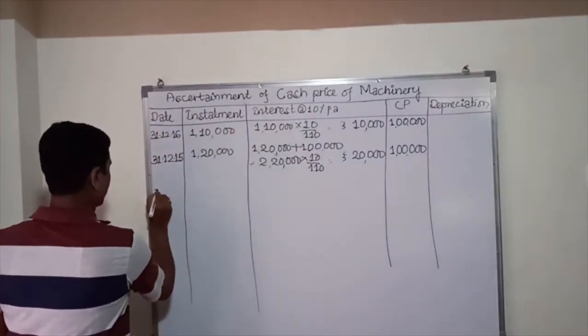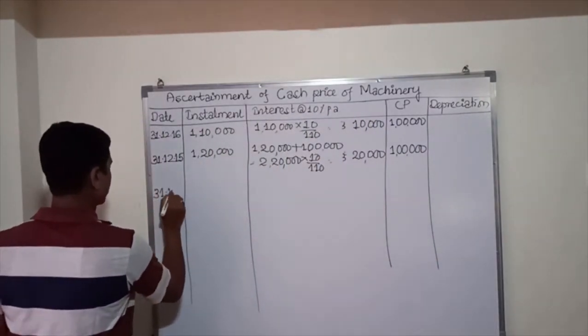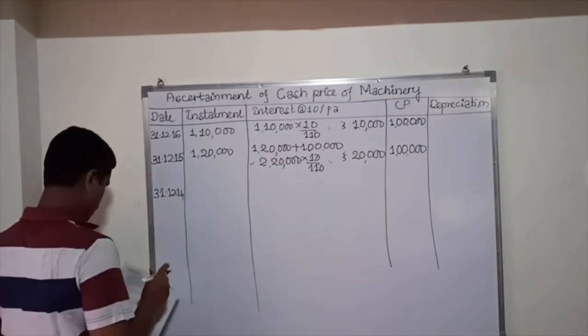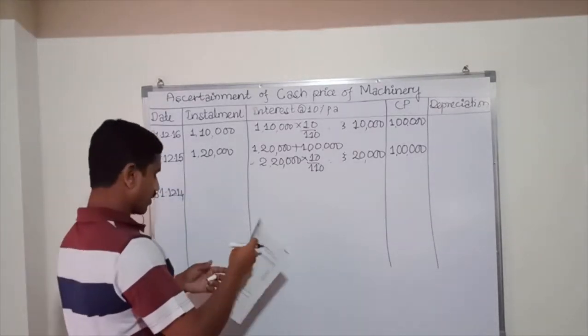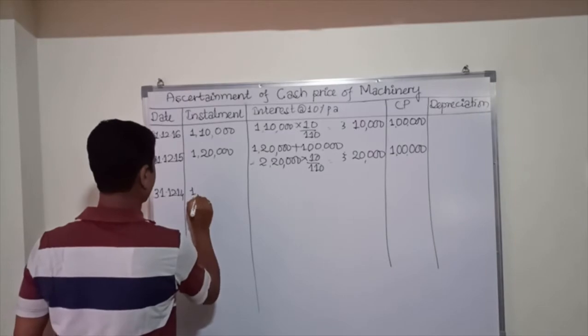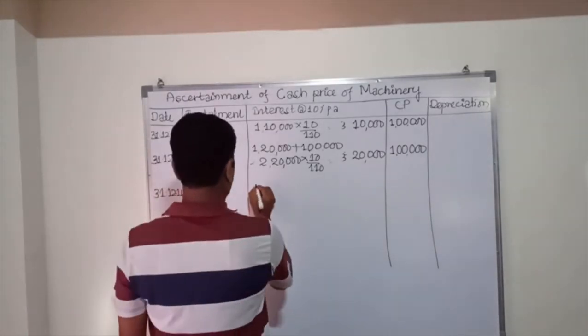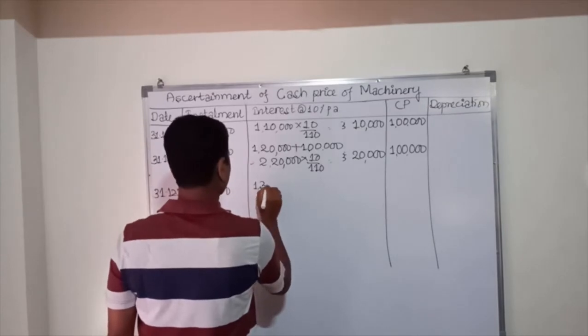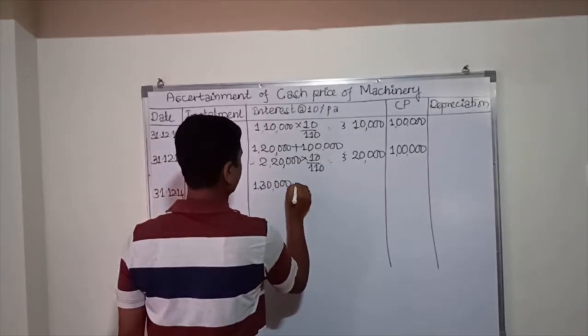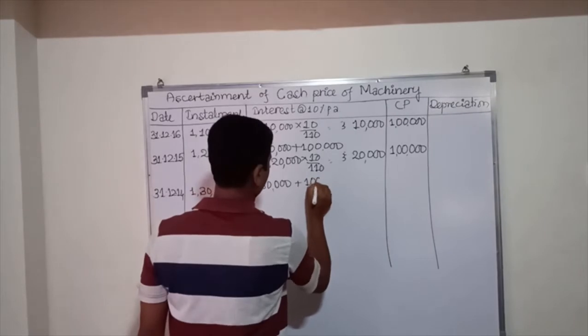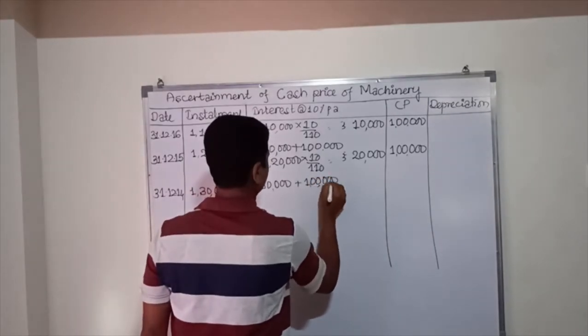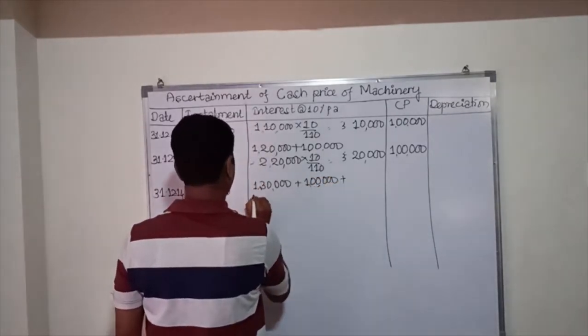Then the first installment is due on 31/12/14. The installment here is 1,30,000. So 1,30,000 plus this 1 lakh, then plus 1 lakh.